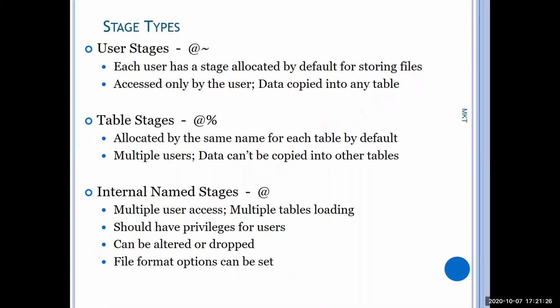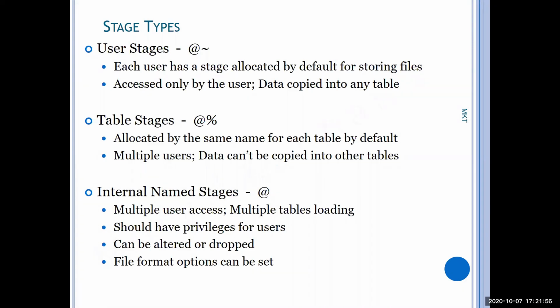For example, I am an ETL person, and I have to load data into multiple tables. I can load all these files into my user stage, and from my user stage I can load them into any table which I have rights to access.